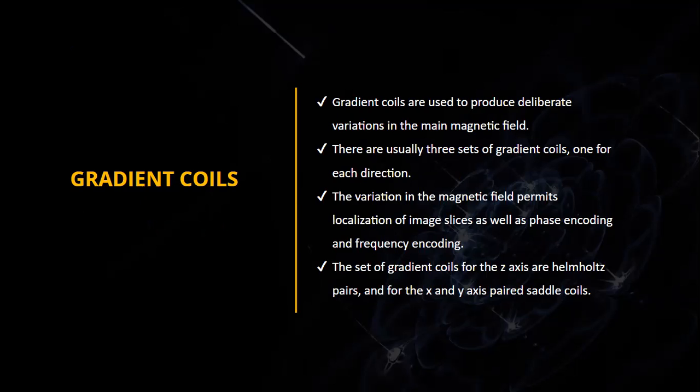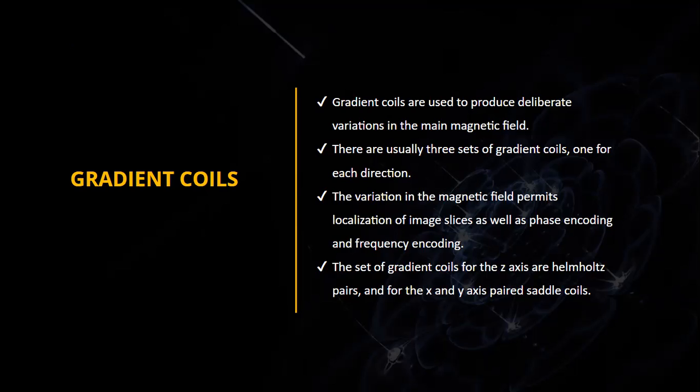Now there are gradient coils in the MRI. They are located within the bore of the primary magnet, in the center of the primary magnet. They are arranged opposite to each other to produce positive and negative poles.